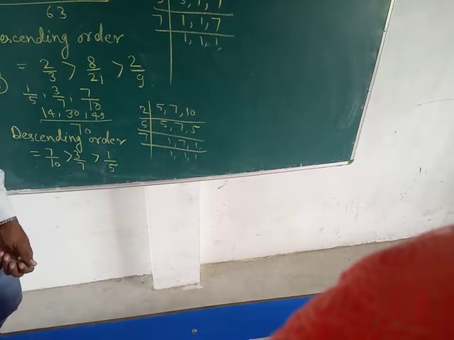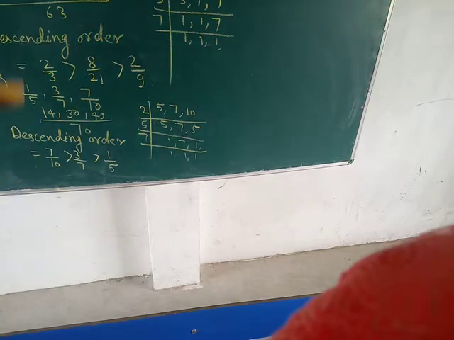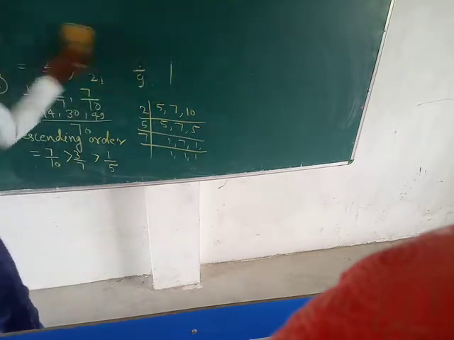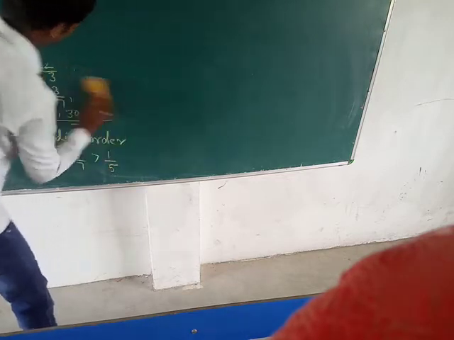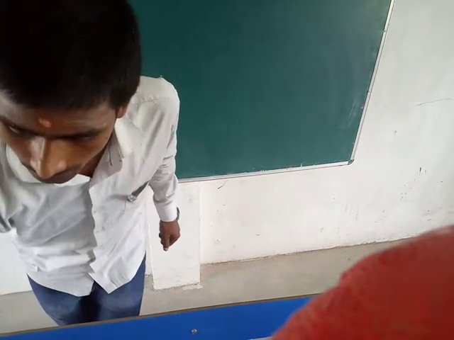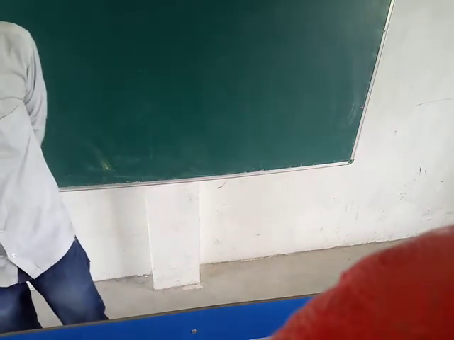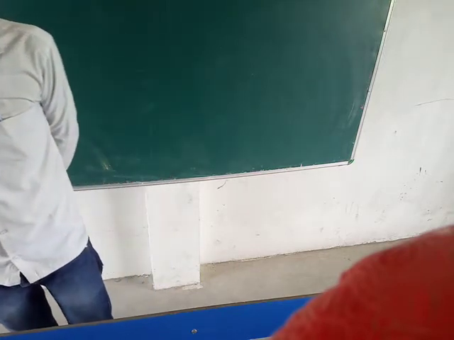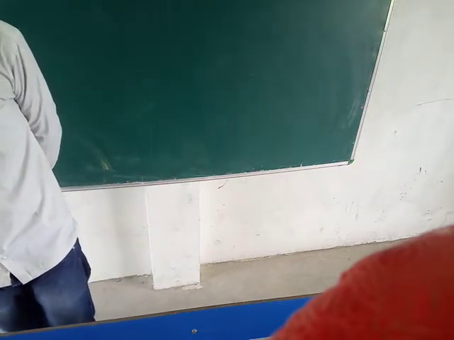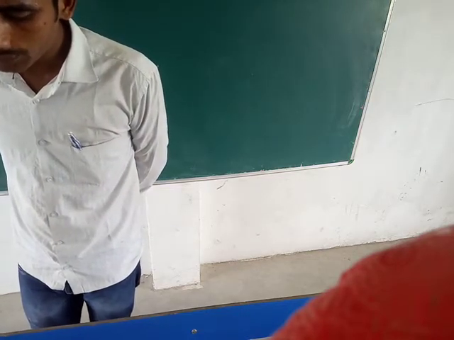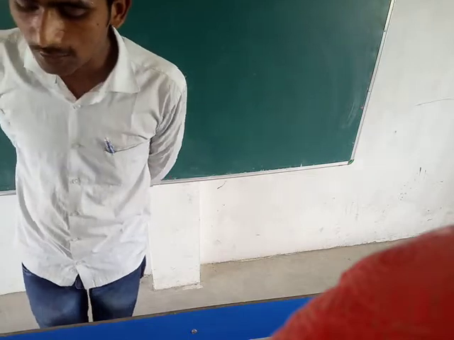Now question number 3. In question number 3, in a magic square, the sum of the numbers in each row, in each column, and along the diagonals is the same. Is this a magic square?